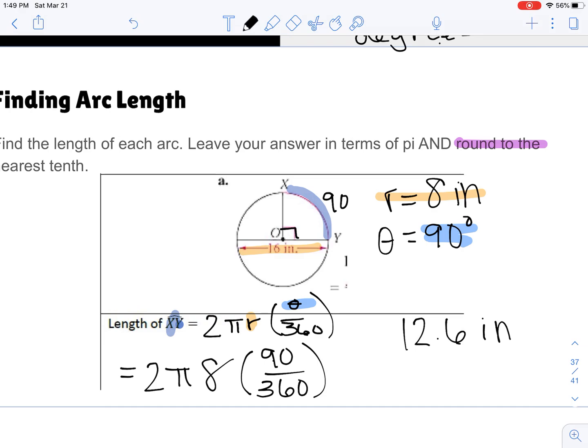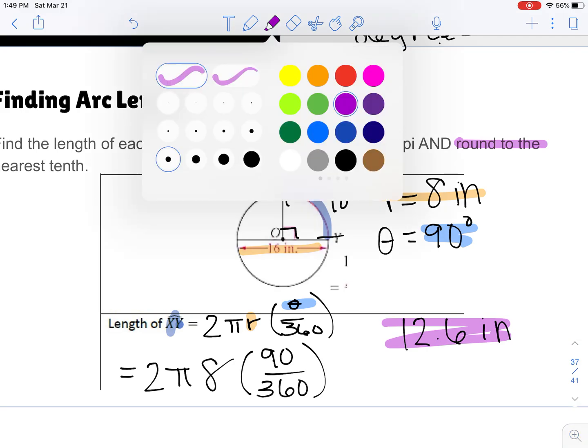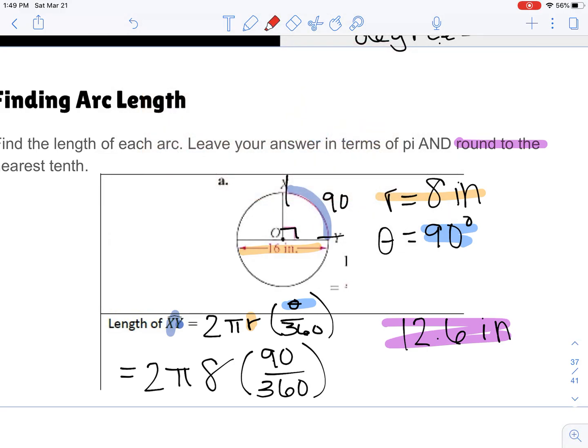So I know from point X to point Y, if I were to cut this part off and lay it flat, it measures 12.6 inches. If we want an exact answer, which we'll write in red in terms of pi, what we do here is we put everything into the calculator except the pi.